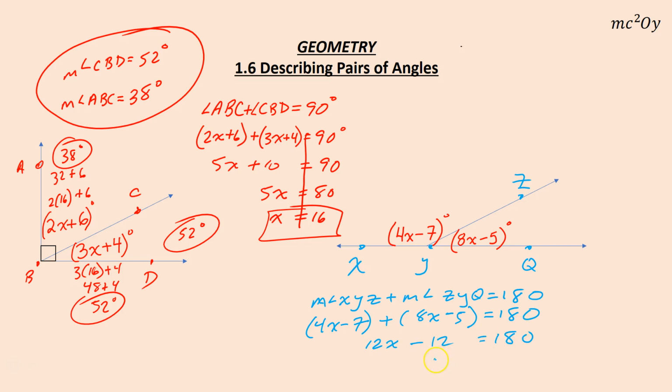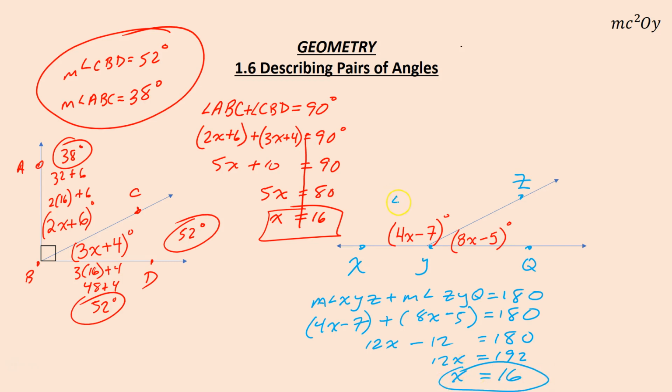Add 12 to both sides. 12x is equal to 192. And then x is equal to 16.